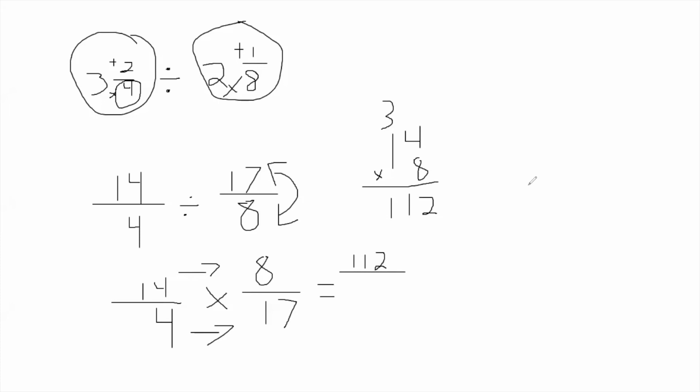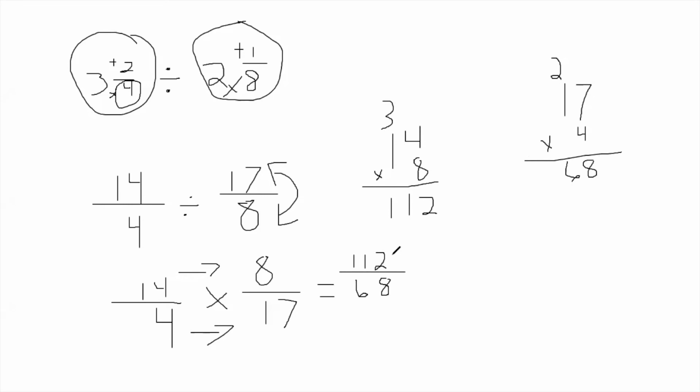And then 4 times 17. 7 times 4 is 28. 4 times 1 is 4, plus 2 is 6. So that's 68. And that'll go down here.